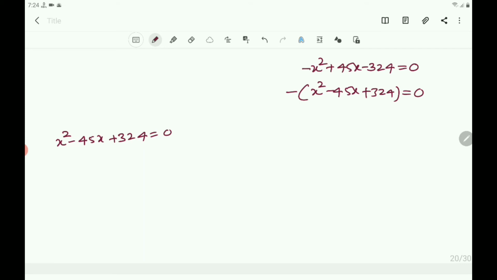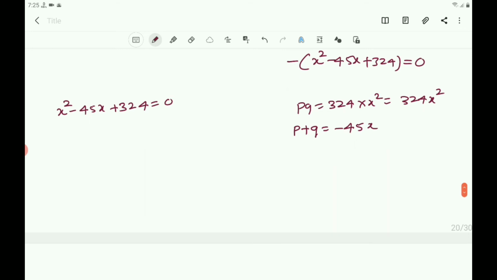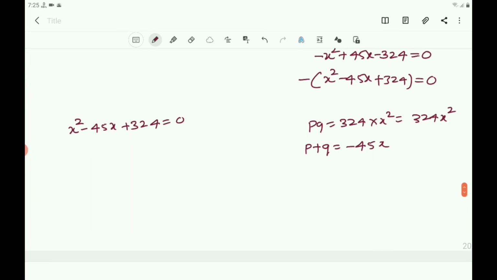Then you take the sum and product of the terms: PQ equals 324 into x square, that equals 324 x square, and P plus Q, the sum of the terms, equals minus 45x. Now the product is positive, that is 324 x square, and the sum of the terms is negative. As the product is positive, the factors must have the same sign.